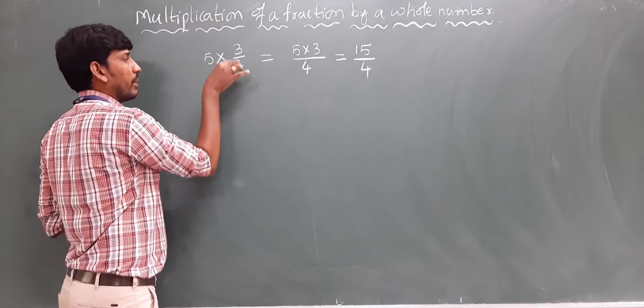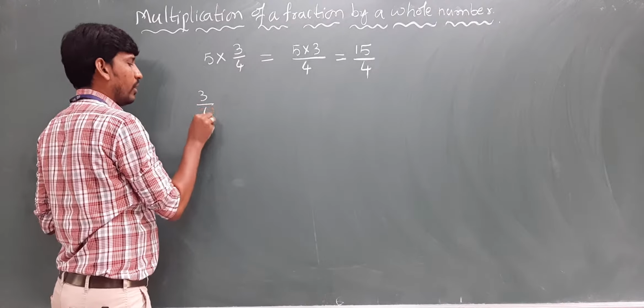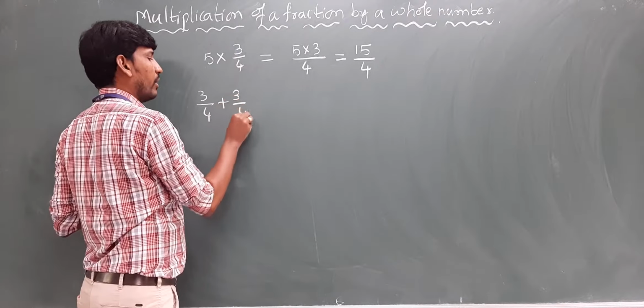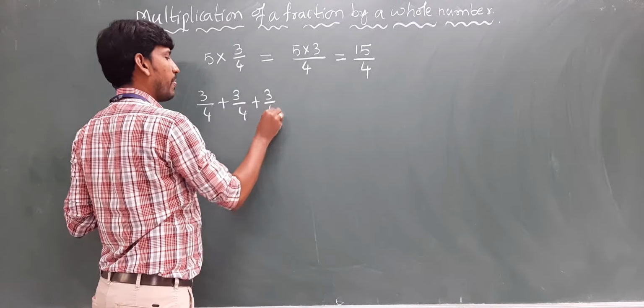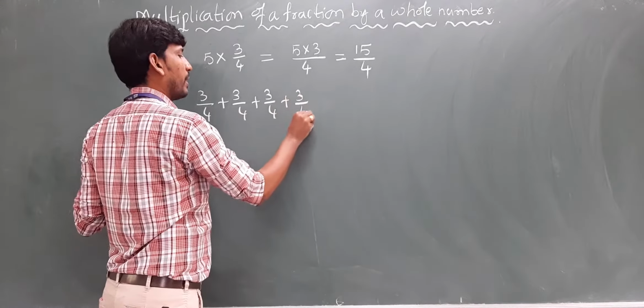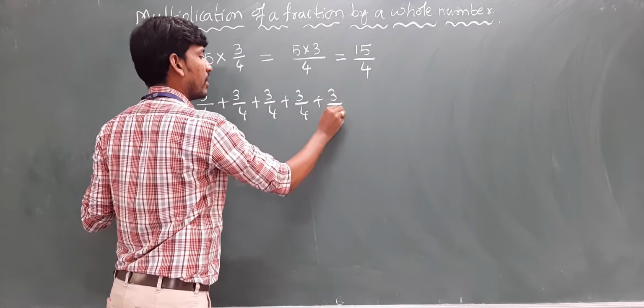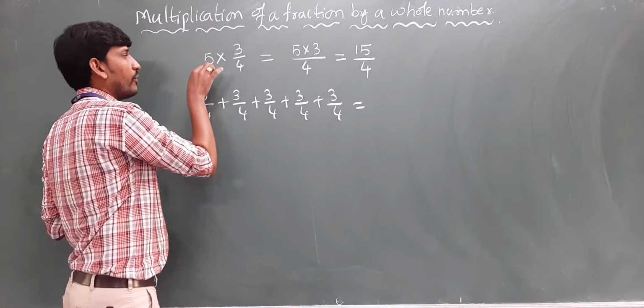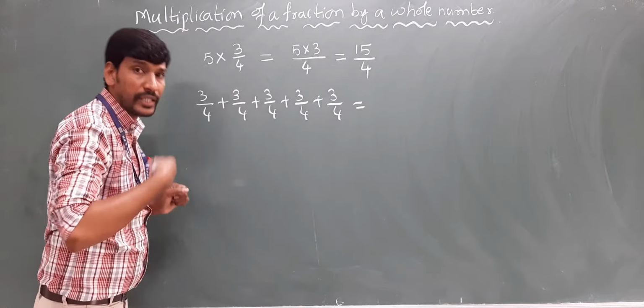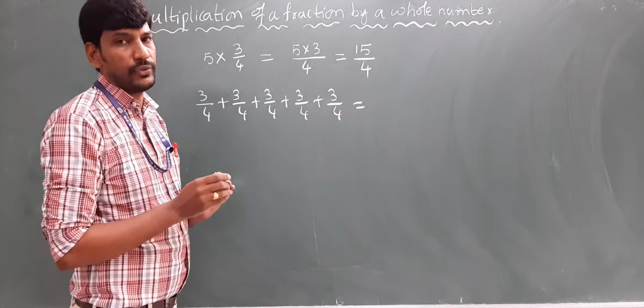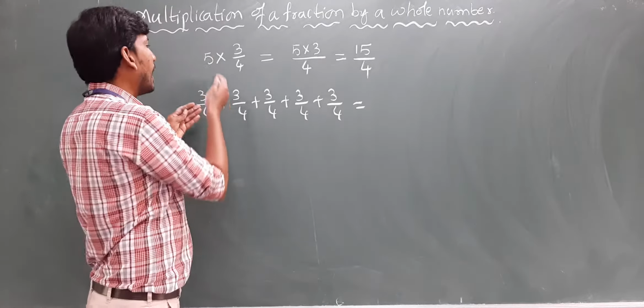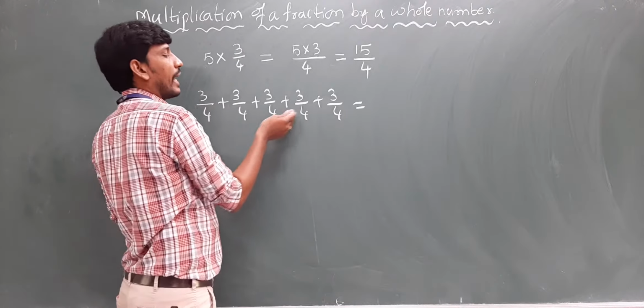5 into 3 by 4 is nothing but 3 by 4 plus 3 by 4 plus 3 by 4 plus 3 by 4 plus 3 by 4. 5 into 3 by 4 means 5 times we are multiplying 3 by 4. That means we are adding 3 by 4 5 times.